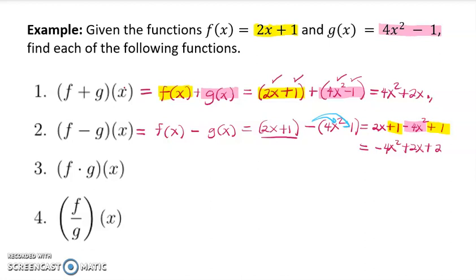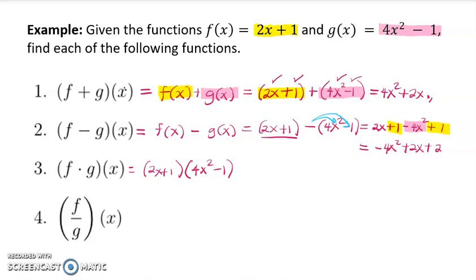Now for the product, we just multiply f and g. So you have 2x plus 1 times 4x squared minus 1. You just multiply this, and to multiply this, we have what is called the FOIL method.